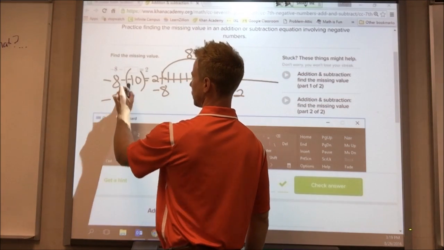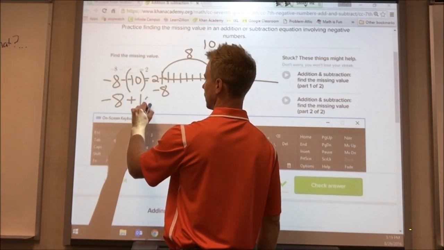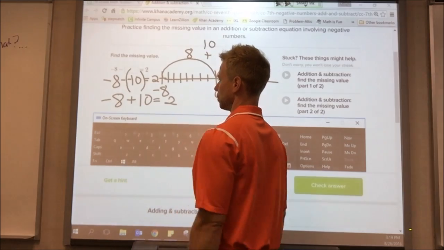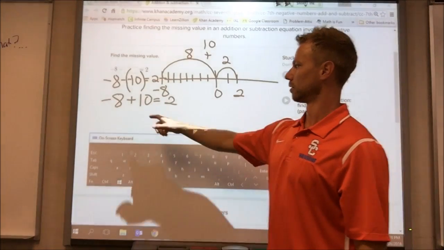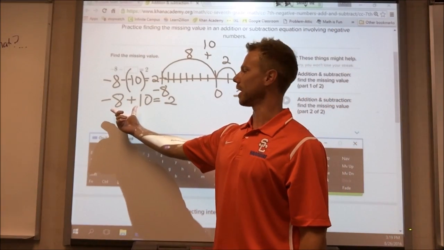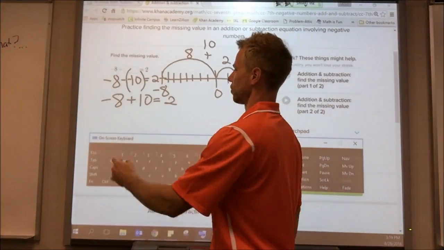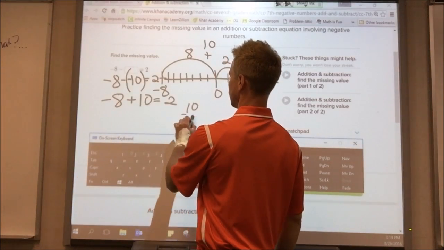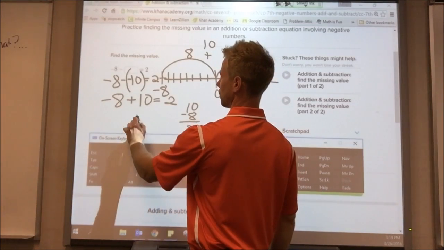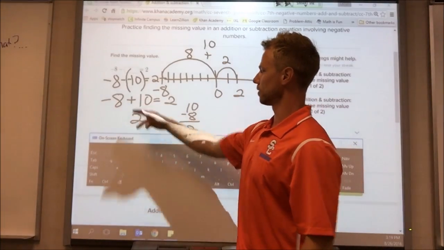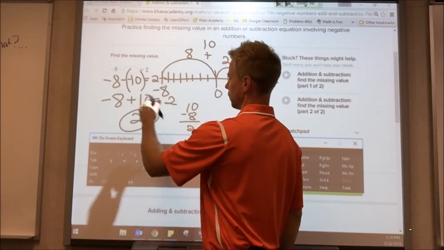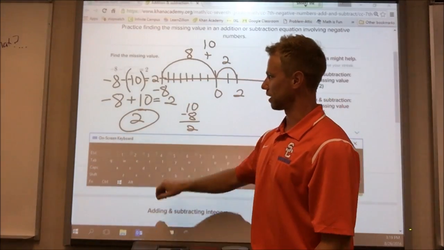So -8, now that becomes plus 10 equals 2. Now if I apply my rules, I have unlike signs, so I subtract. 10 minus 8 is 2. And keep the sign of the bigger number. The bigger number is 10. The sign is positive. So it gives me a 2, which is exactly what I needed.